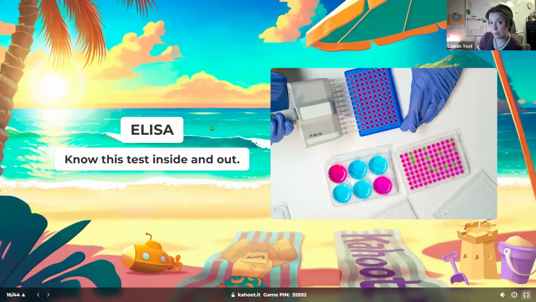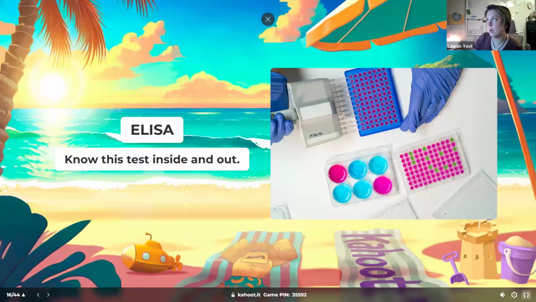Either you're looking for the patient having the antibody using a known antigen, or you are looking to see if the patient has the antigen looking for a known antibody. So this is a very specific one where we got into detail, but all immunologically based tests work on that principle of antibody-antigen interactions.